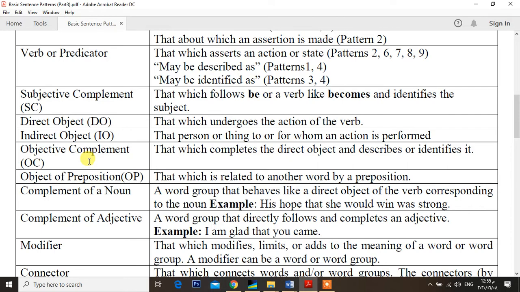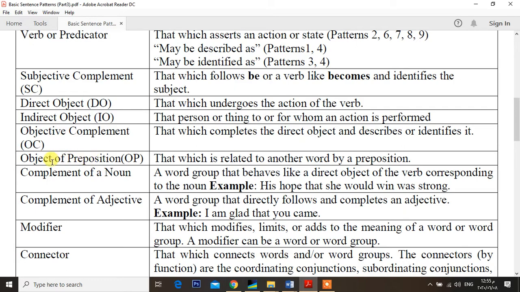This is an objective complement of Ali. The function of this objective complement is to complete the direct object and describe or identify it.